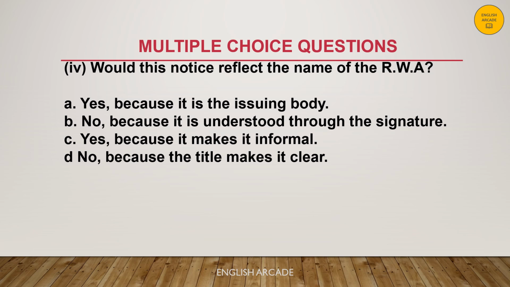And the correct answer to the question, if the notice should reflect the name of the RWA, is A. Yes, it should include the name of the RWA because it is the issuing authority. So we know that the name of the issuing body or the issuing authority comes right on top.